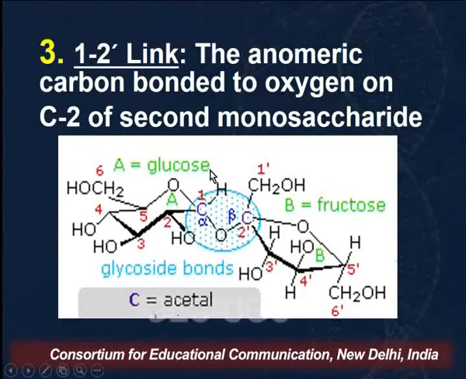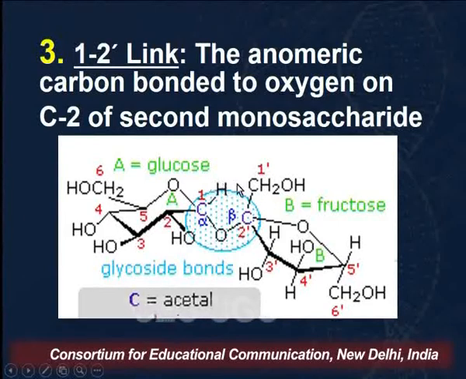So what you have to remember is that when we are talking of aldoses, then in the cyclic structure, that is the hemiacetal structure, it is the C1 which is the anomeric carbon. And when we talk of ketohexoses, the example that I have taken here is that of fructose, then in that case it is the C2 which is the anomeric carbon.